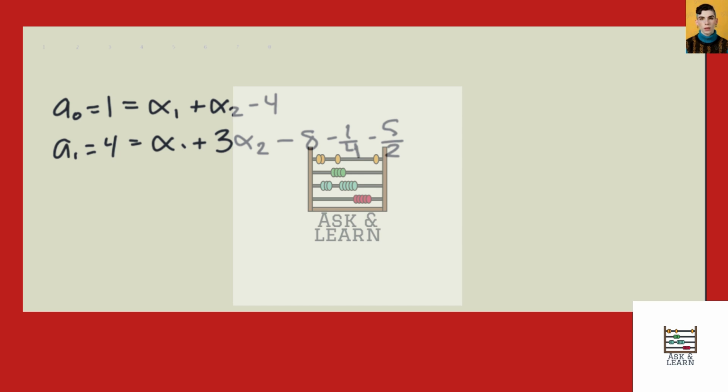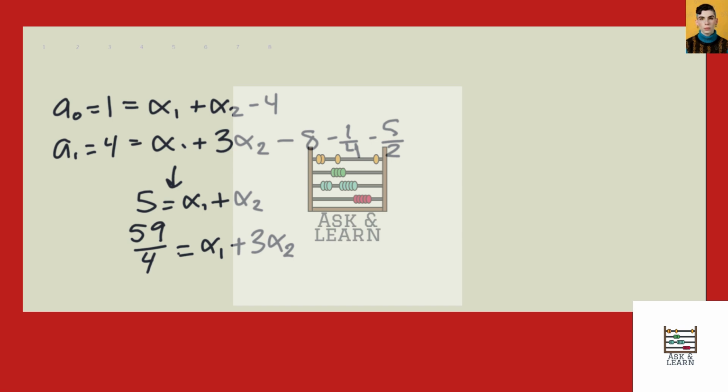So we're going to combine the like terms. And so this turns into 5 is equal to alpha 1 plus alpha 2. And 59/4, that's a bit of an ugly fraction, but that will be equal to alpha 1 plus 3 times alpha 2.